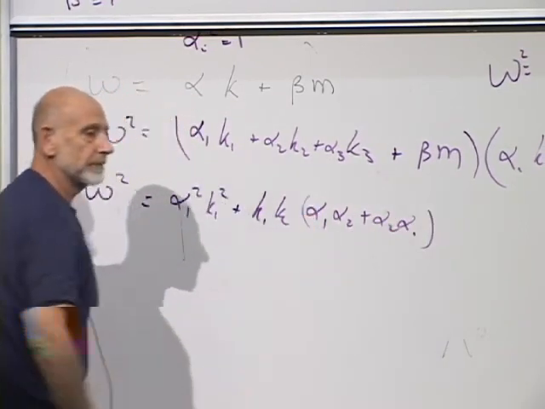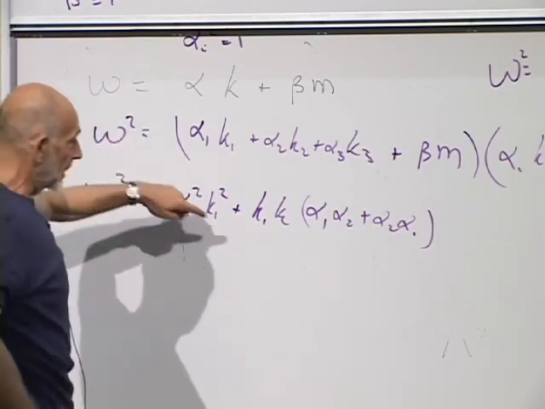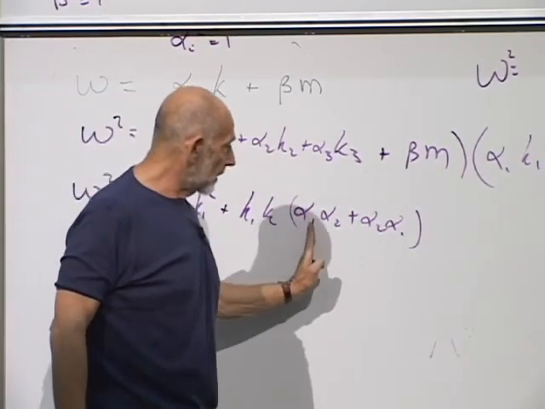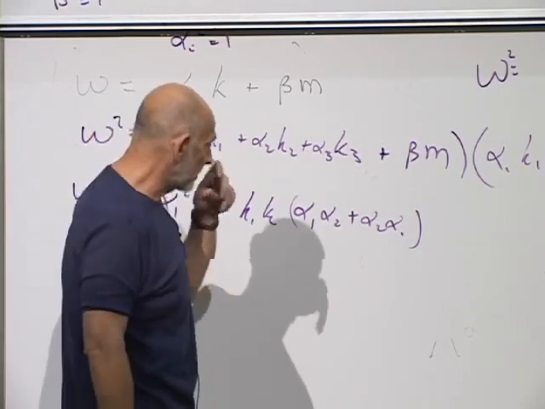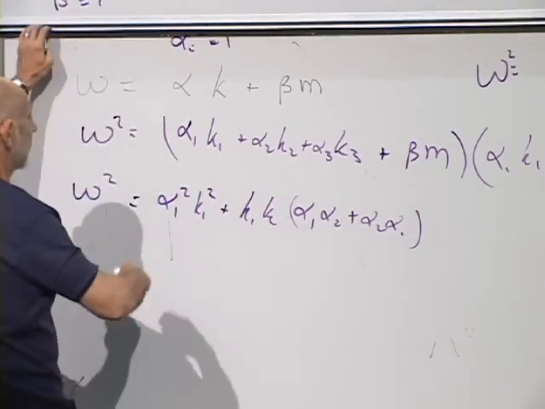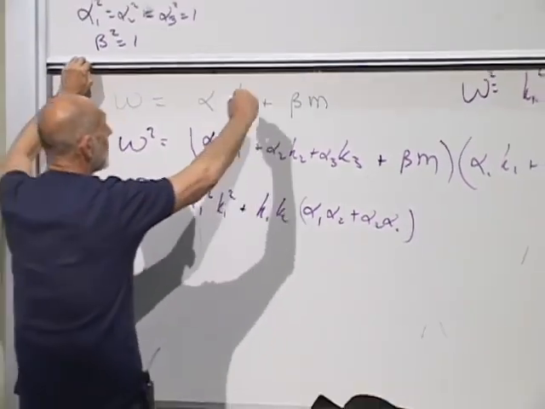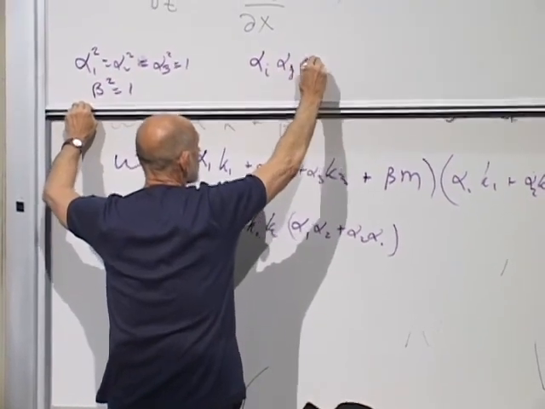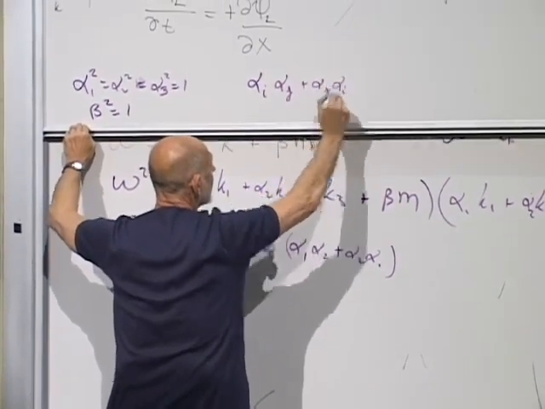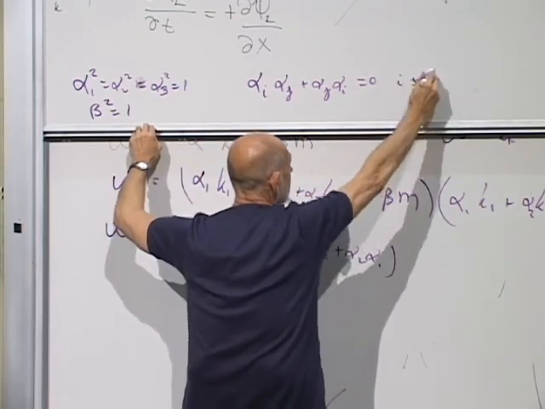What do we want to do with that? 0. Got to be 0. And more generally, the anti-commutator of two alphas had better be 0 if they don't have the same index. So we have alpha i, alpha j plus alpha j, alpha i equals 0, i not equal to j.